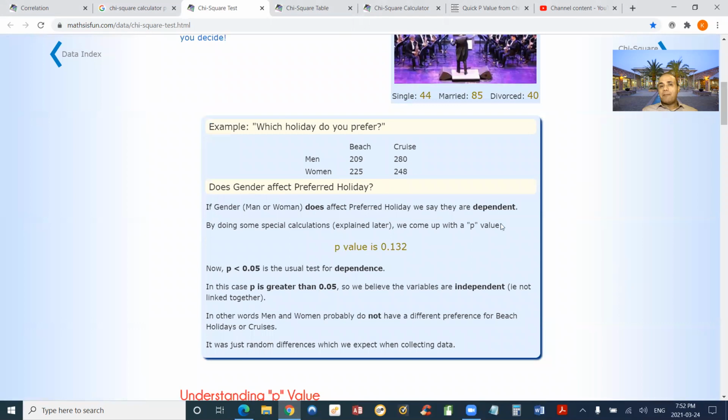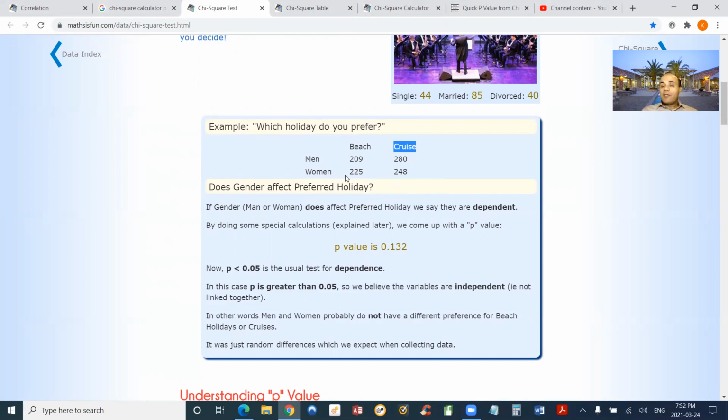Let's take a look at one example. Which holiday do you prefer? We basically provided a questionnaire. We conducted a survey. We came back with the data, and we understood that 209 men chose beach as their favorite place for holiday, and 280 men have chosen cruise.